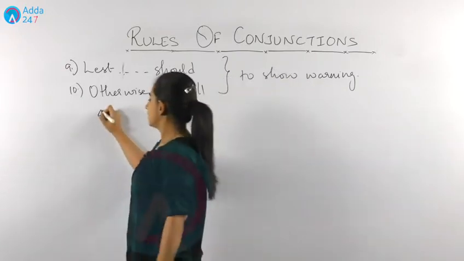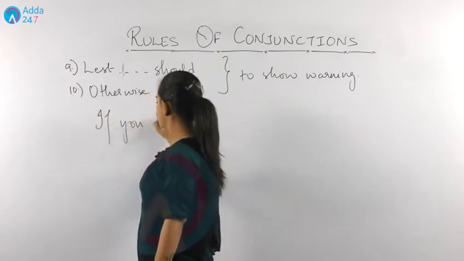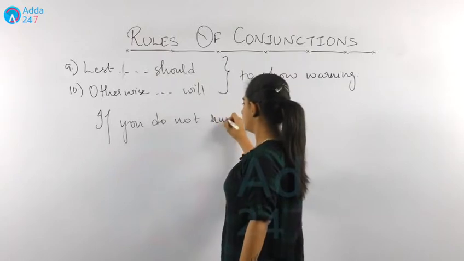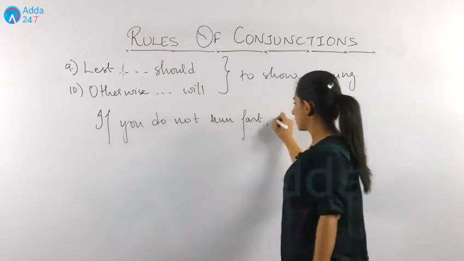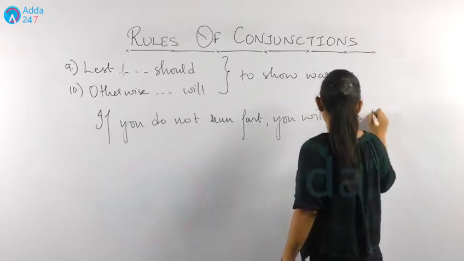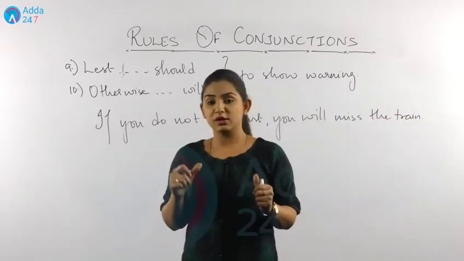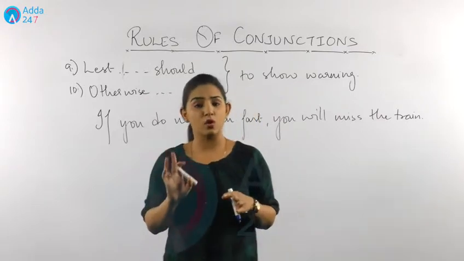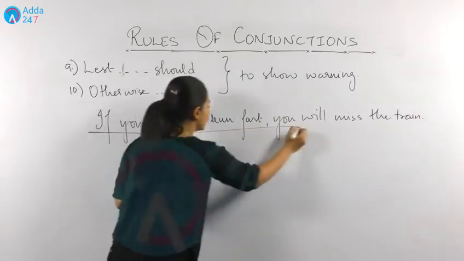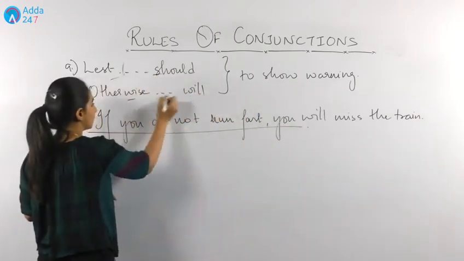If I say, if you do not run fast, you will miss the train. Now, can you see here that we are presenting a warning, isn't it? Now, this sentence can be written with the help of lest, should or otherwise will.